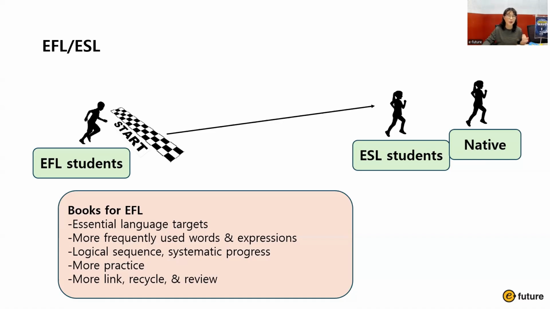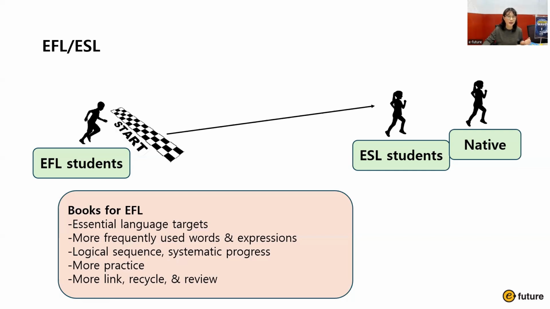We only speak English when we go to English class, maybe 1 class per week, 2 classes per week, or 3 classes per week, and that's it. That's EFL, English as a foreign language.